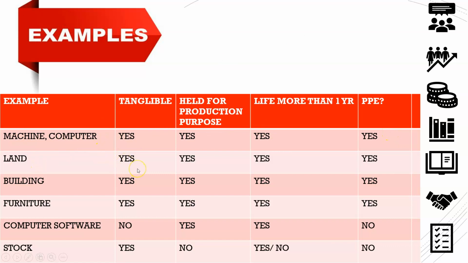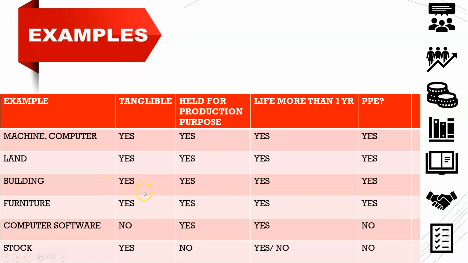Land: it is tangible, can we touch it? Yes. Is it held for the purpose of production? Yes, because if someone is constructing a building, they use land for production. Where will you carry out your business? You don't do that in the air; you have to stand on some platform. So land is definitely used for production. Life more than 1 year, definitely yes. Since all three components are present, land is plant, property and equipment.